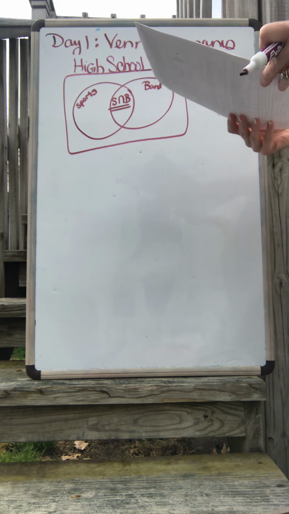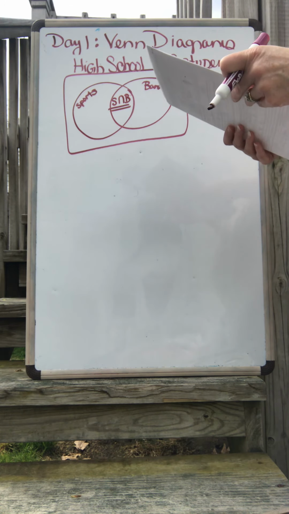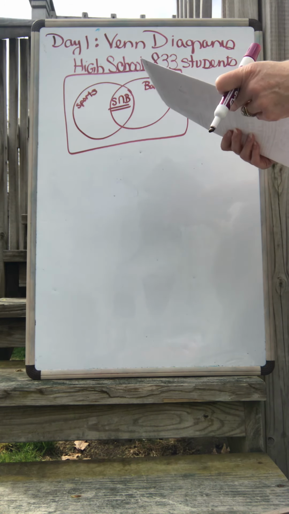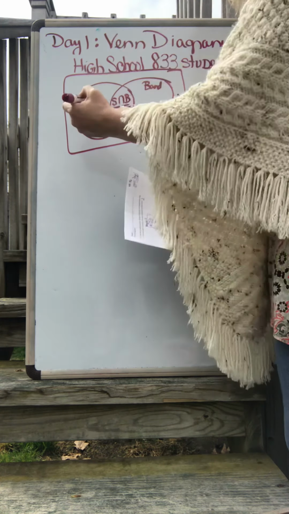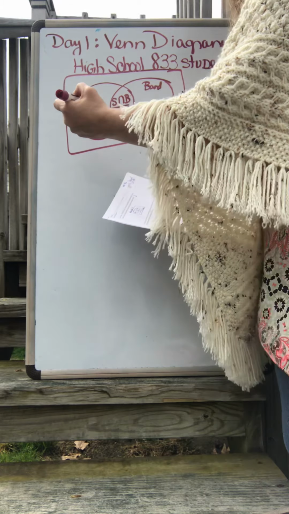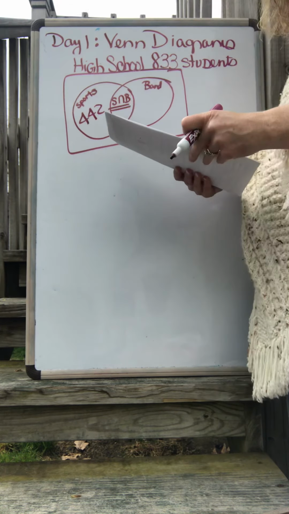So 442 students participate in an organized sport but do not play in the band. So they're letting me know sports only is 442, because they said sports, no band.